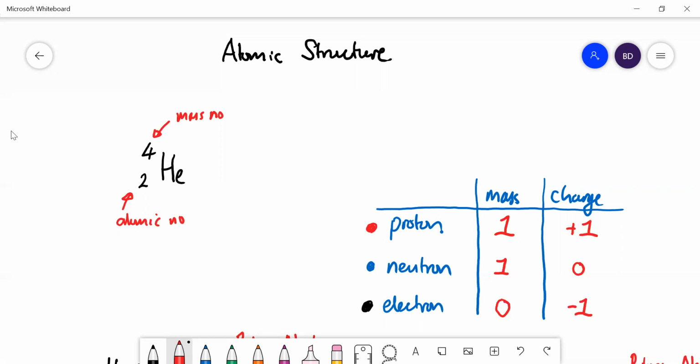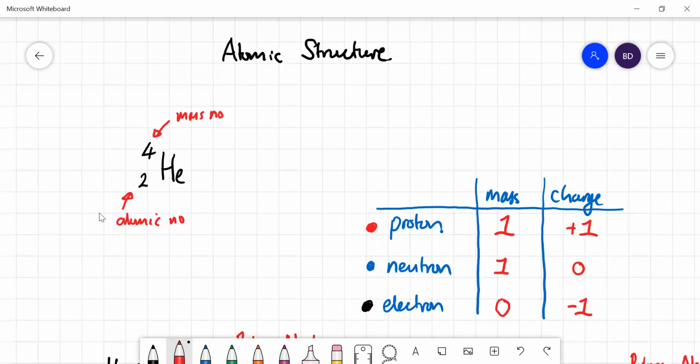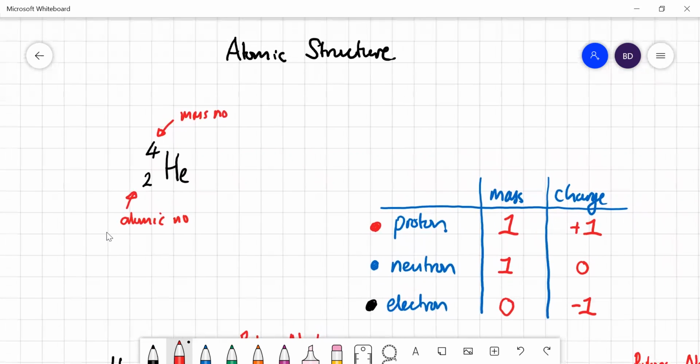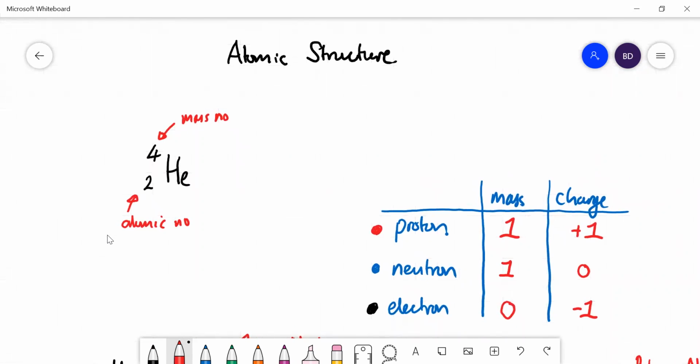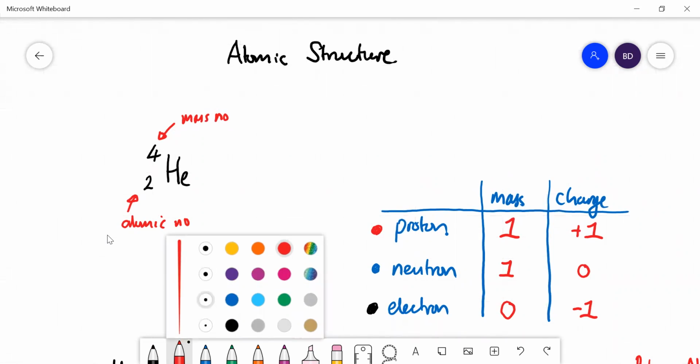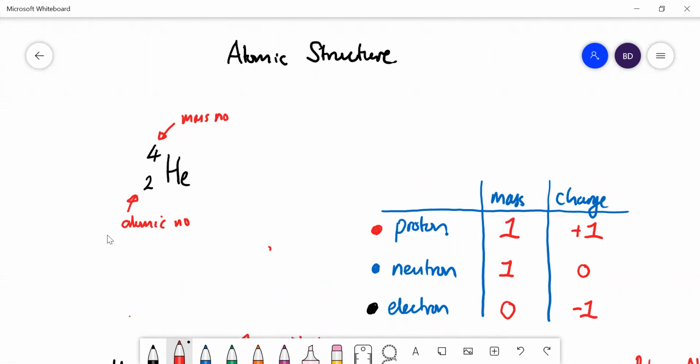Well, the proton and the neutron are arranged in the nucleus. Now, the protons are drawn as a little red dot there. So in the case of helium, you're going to have 2 protons. We can tell it's 2 protons because that is given by the atomic number. This is the number of protons.